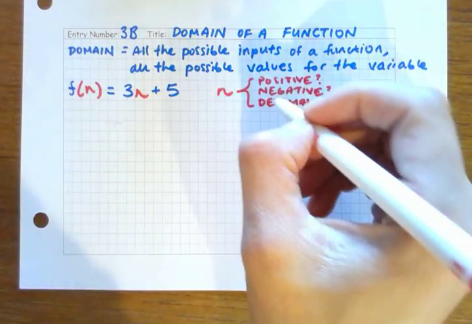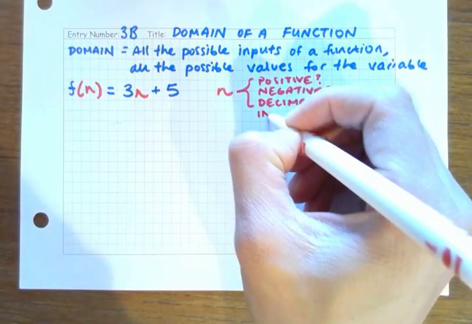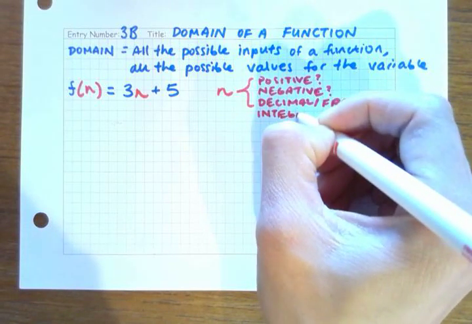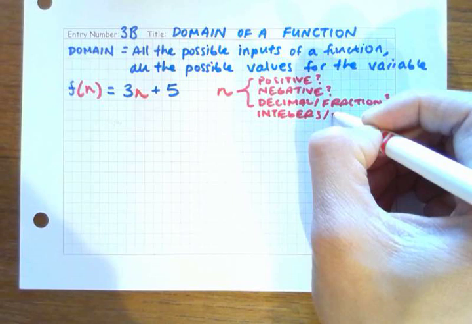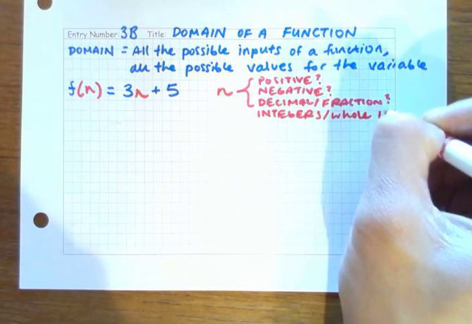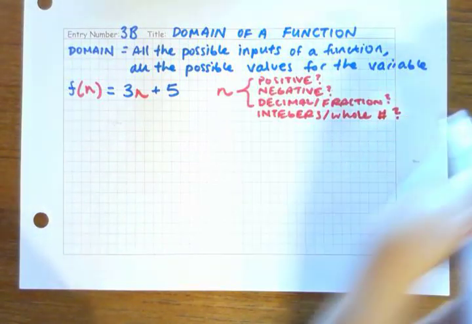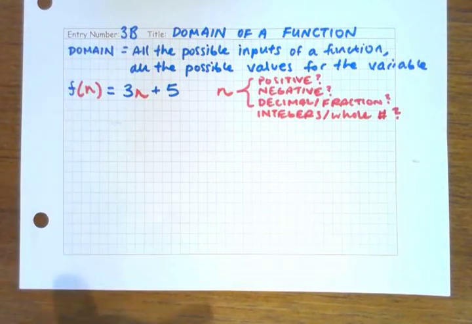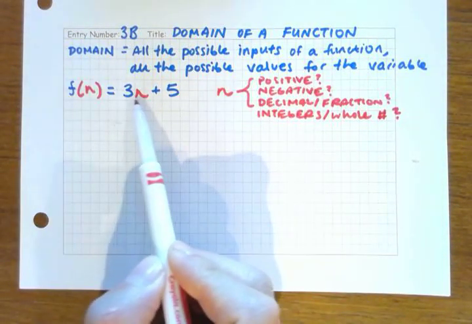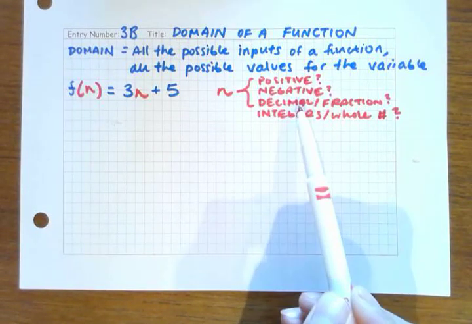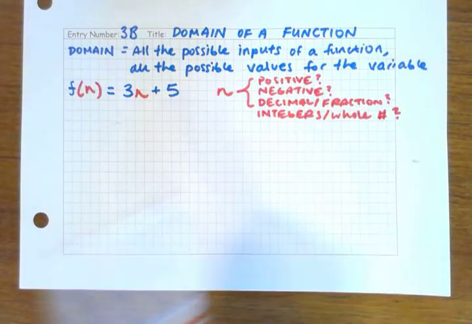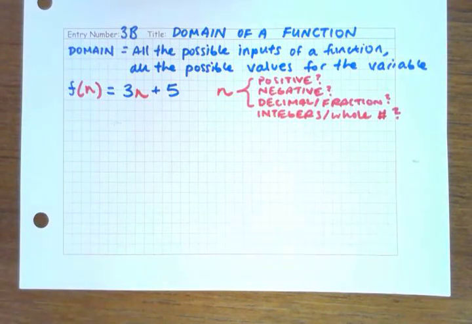Or can n be an integer? Integers are whole numbers. So whenever you're trying to figure out what the domain of a function is, just ask yourself for this variable, can it be positive? Can it be negative? Can it be decimals or a fraction? Can it be integers? And what n can be is going to depend on the type of situations you have.